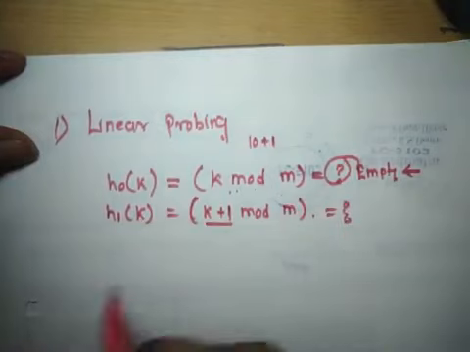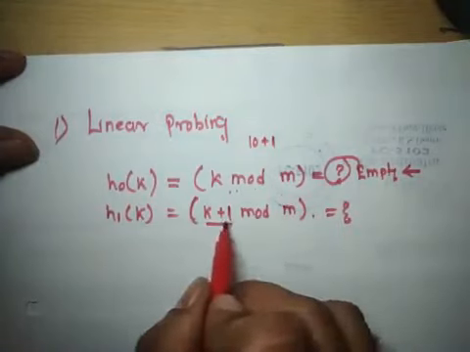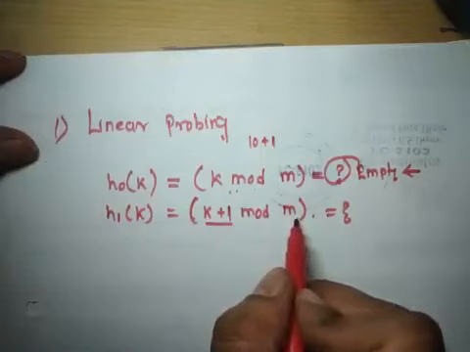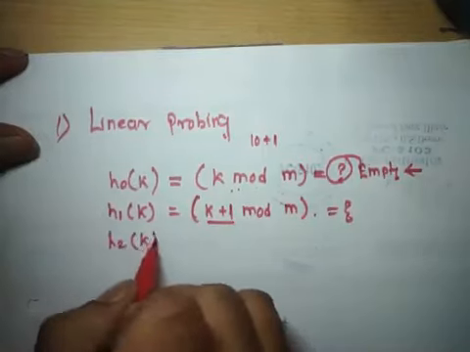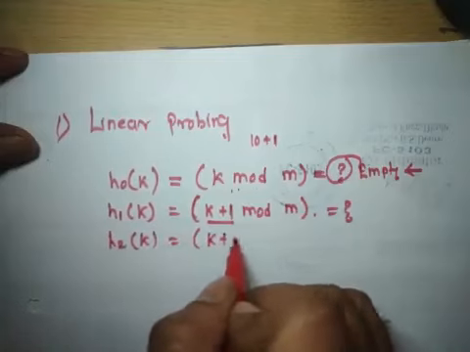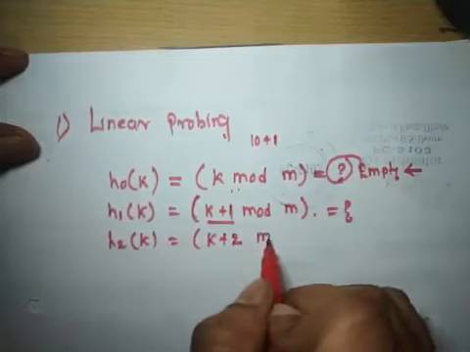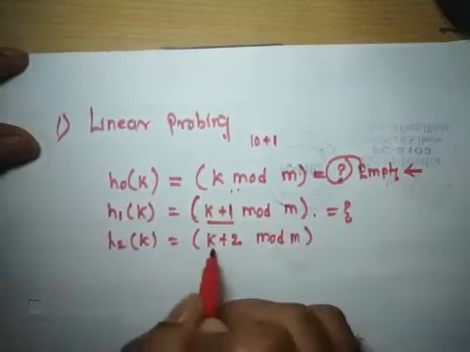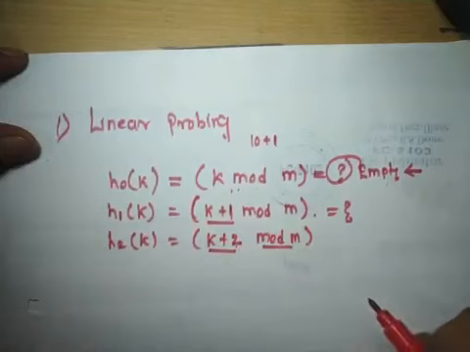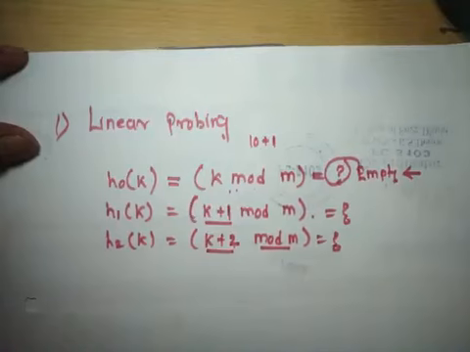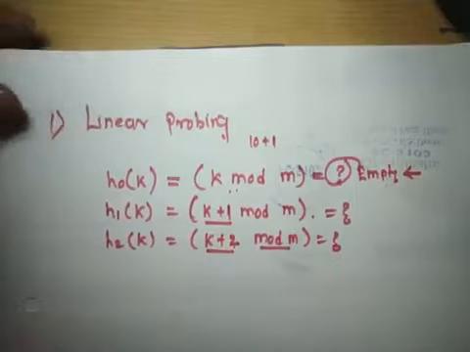If this location is again filled, then we go for h2, that is k equals k plus 2 mod m. So we add 2 to the key value and take the mod. In this way we find the address location where to store that element. So this is linear probing.